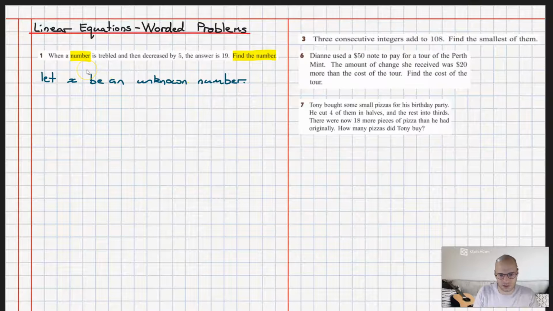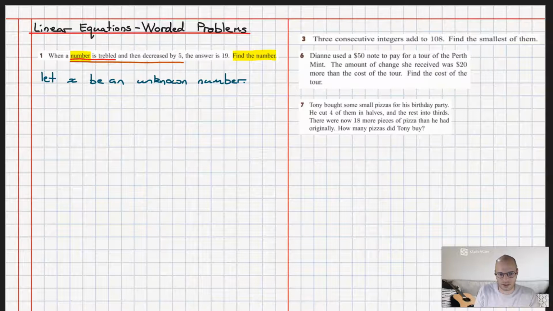The first thing that's going to happen is we're going to treble the number. Treble meaning triple. And then after that, we're going to decrease it by 5, or take 5 from it. Notice how I'm underlining.